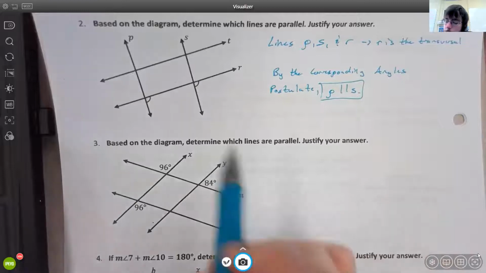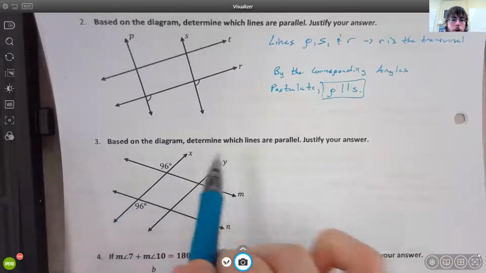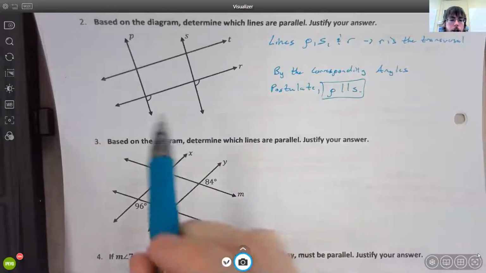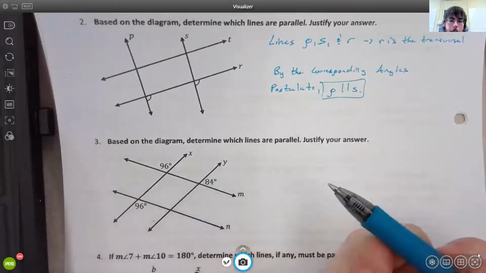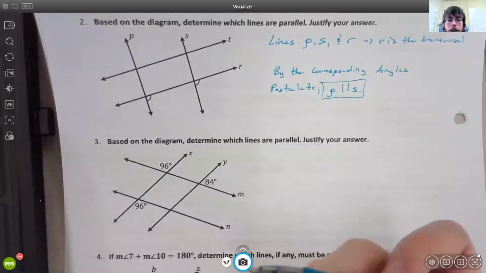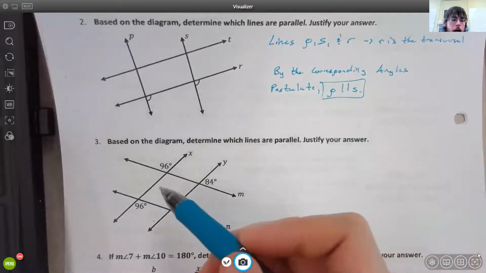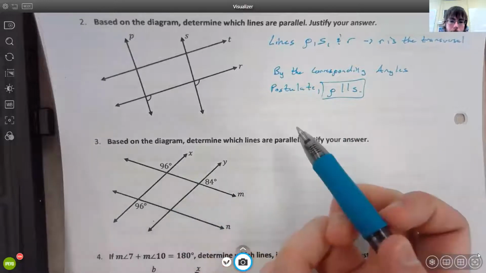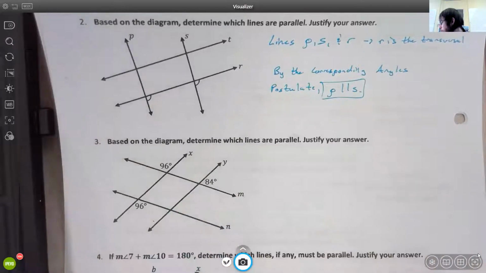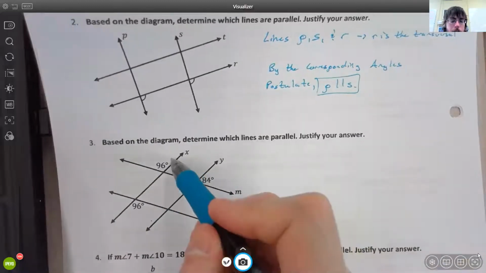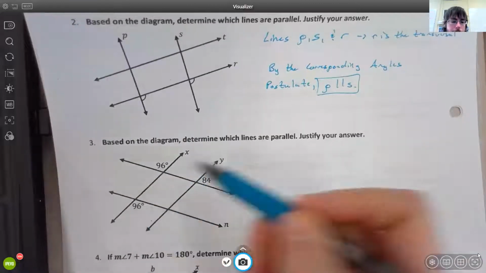Number three, based on the diagram, determine which lines are parallel. Justify your answer. So this time we have three angles instead. So we need to look at each one. We're going to look at each pair of them that would be reasonably considered to be part of an angle relationship. So let's look at these congruent angles, 96 and 96.